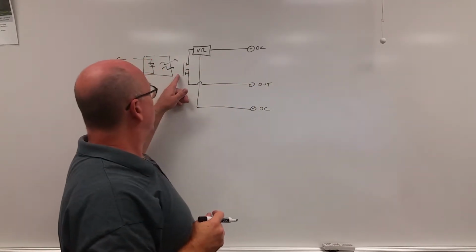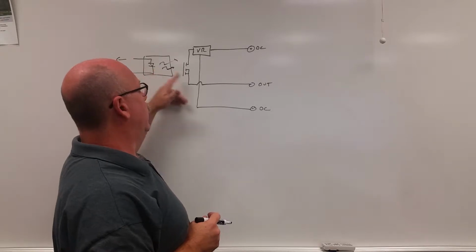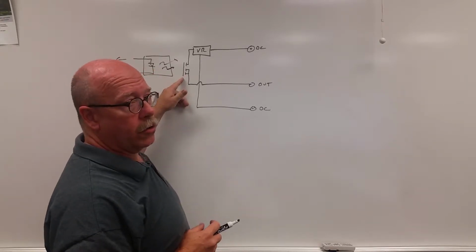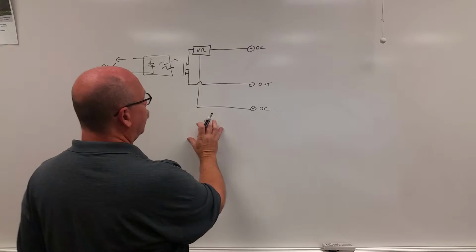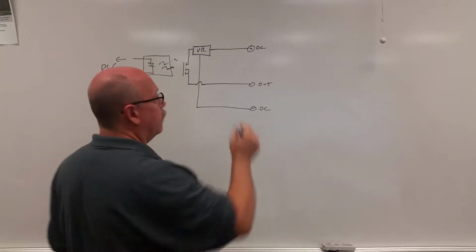And here, as the light turns on from the LED, this biases the junction of the FET on. And this is the basic way the output is configured.